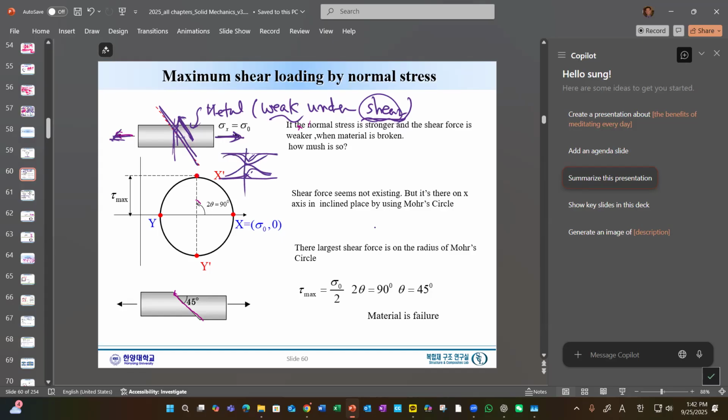That is what we have observed. That is how we relate this stress transformation to real behavior, as you can see here. Under tension at 45, the shear is the maximum, and the metal will fail at 45. Why? Because metal is weakest under shear stress. This is the bottom line.